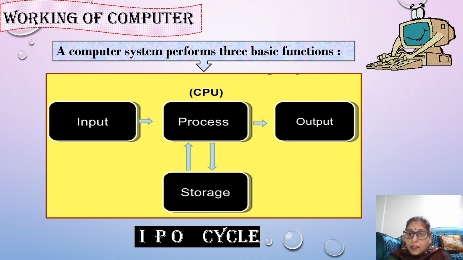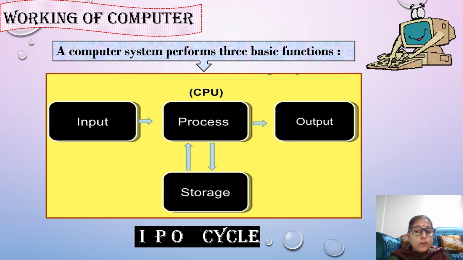Okay. So then the third step, output. Now what is output, children? After processing, the computer shows the final result as an output through different output devices like monitor, printer, speaker.